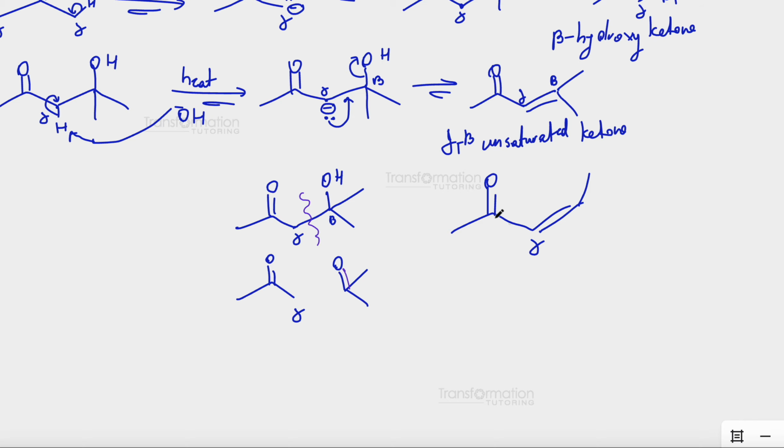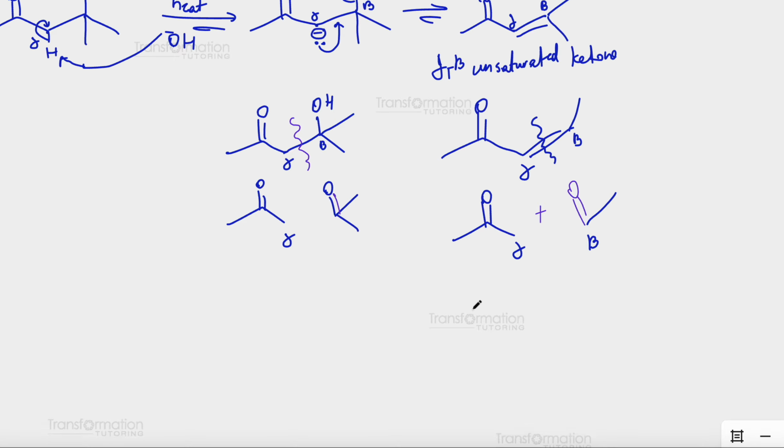And what I will do is I will break between alpha and beta. Let's draw this, and let's draw this. Alpha, beta. Let's label it again. And what I will do is I will give beta a double bond O. So now I know that this molecule reacted with this molecule to give me this aldol condensation product.